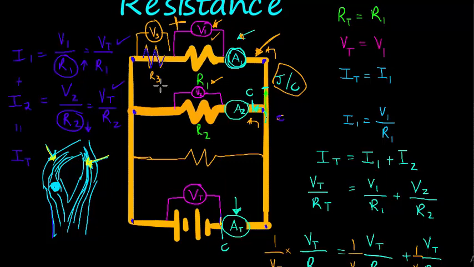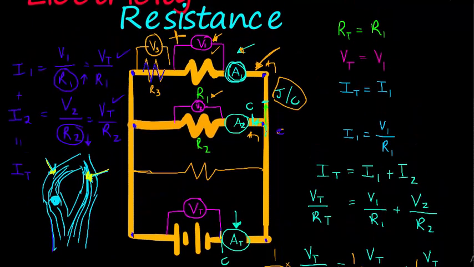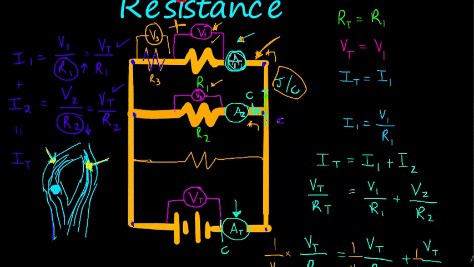What I want to show you is that I'm adding a resistor in series, but I'm adding it in a parallel branch. In doing that, I've increased the resistance of a branch, which will decrease the total resistance. The current here will decrease, but the current here will increase.